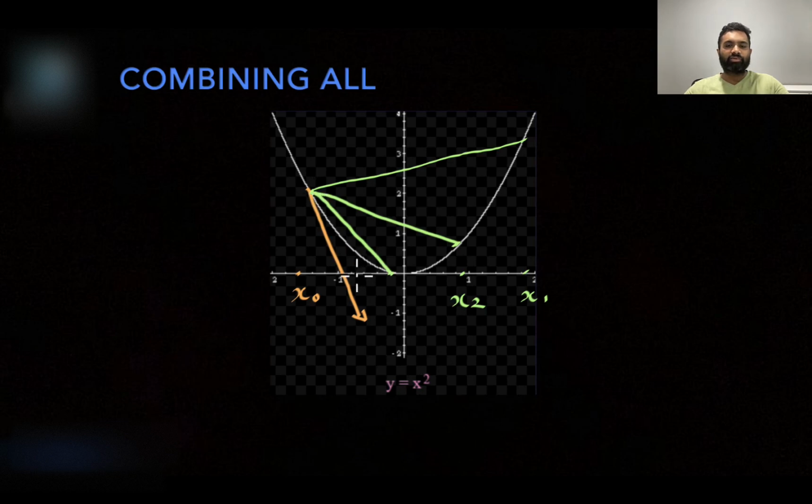You consider x4, and again you draw a green line. The slope of the green line will slowly become closer and closer to the tangent slope.